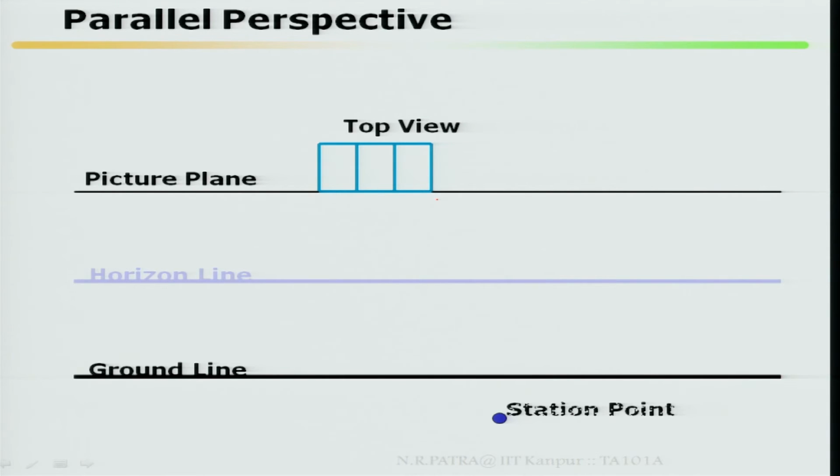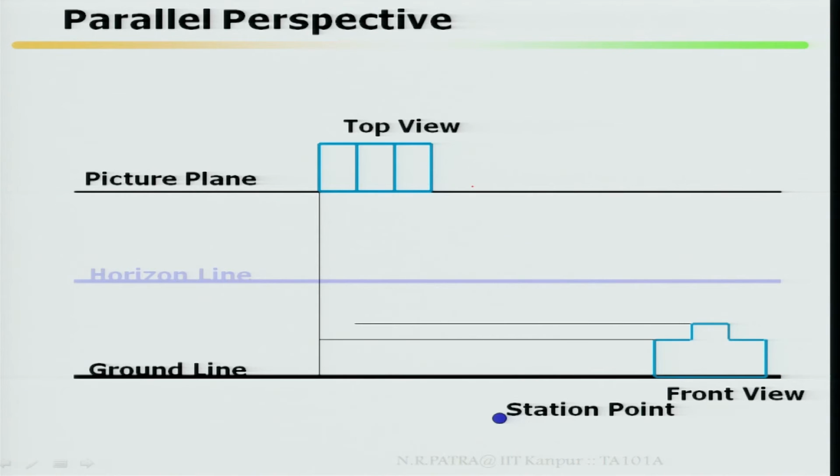Then take your station point as per the coordinates given, then draw your front view or side view on the ground line. In this case the front view has been given, so draw the front view. Then from the station point, draw lines through the part of the top view that touches the picture plane, and project back from the front view so that the part that touches is in true length.